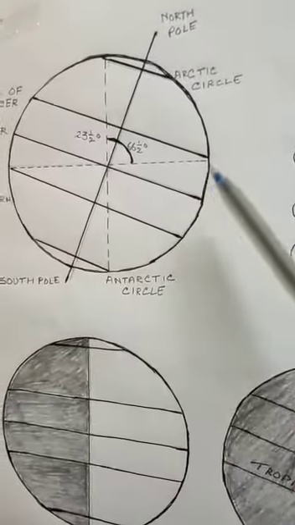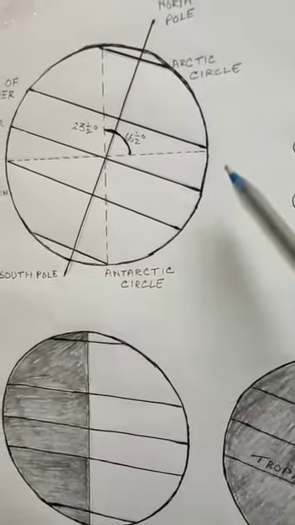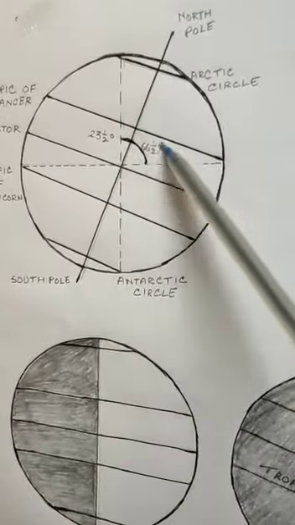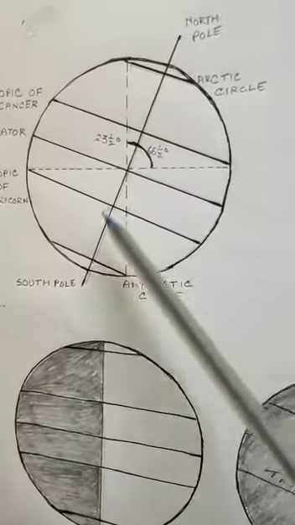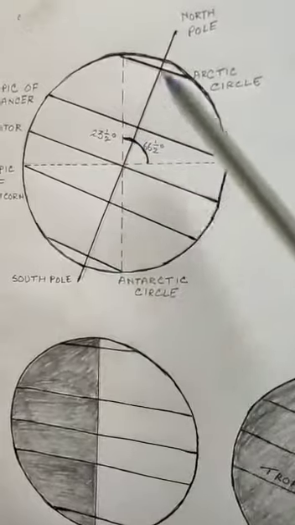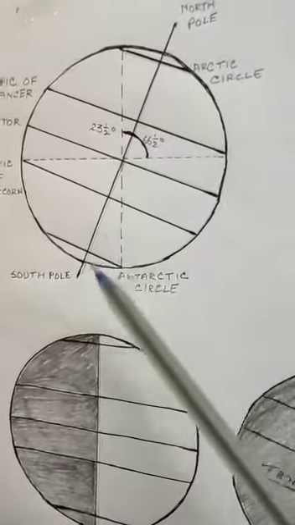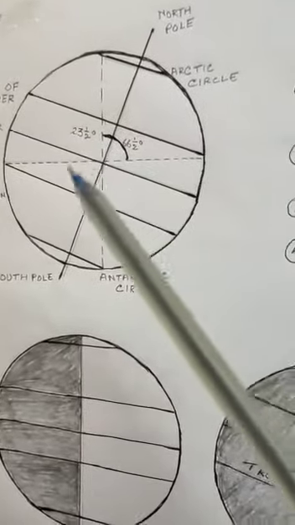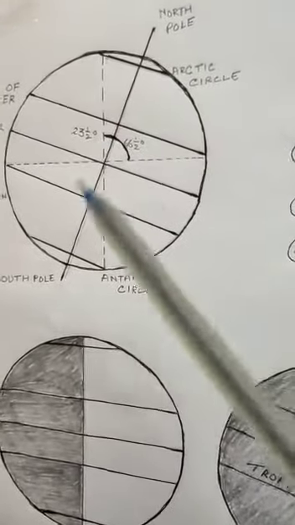It is parallel to the plane of the orbit. And the axis makes an angle of 66.5 degree. That means the earth is tilted in position and this is called inclination of the earth.